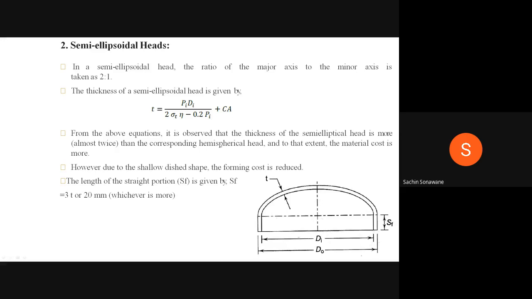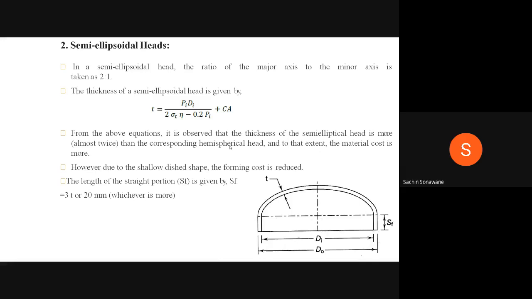From the above equations, it is observed that the thickness of the semi-ellipsoidal head is more, almost twice, than the corresponding hemispherical head, and to that extent, the material cost is more.